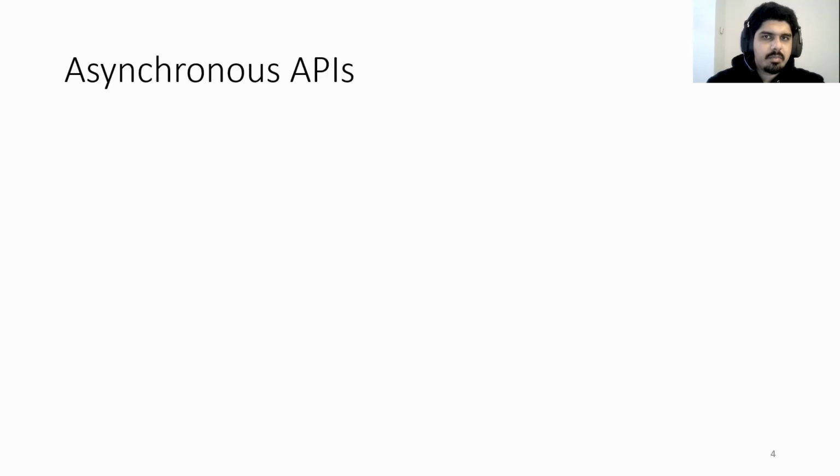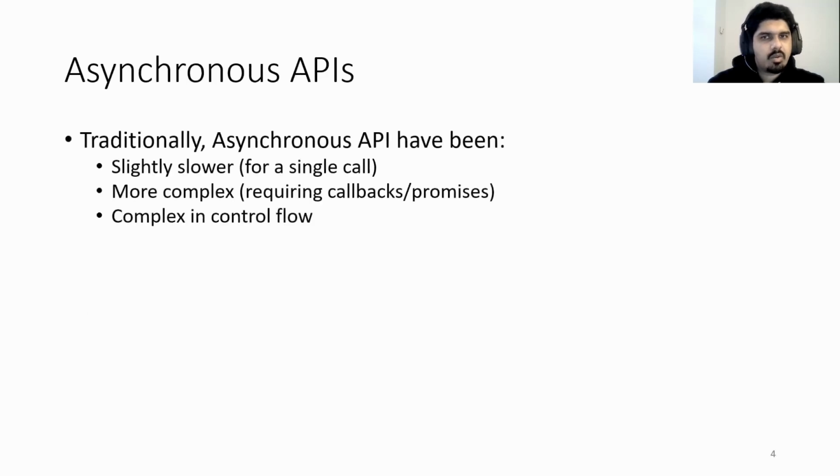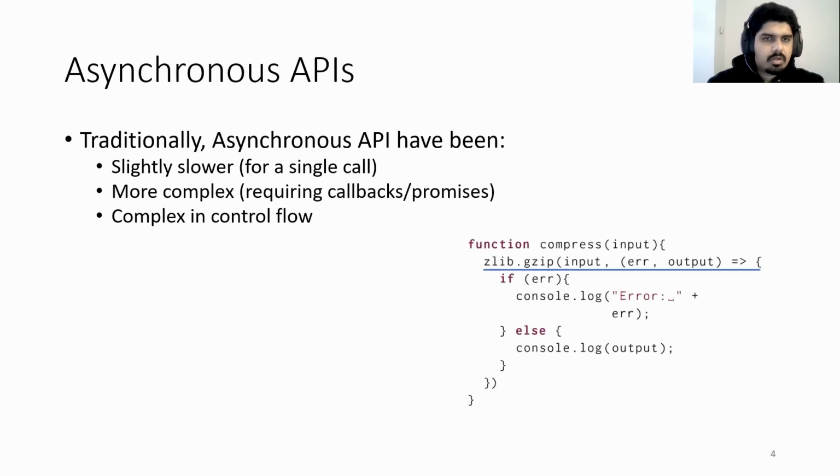Asynchronous APIs, on the other hand, tend to be slightly slower for a single call compared to synchronous APIs. They are much more complex to implement, requiring callbacks or promises to handle the asynchronous behavior. And this also complicates the control flow. So this is an example of the same gzip API, but using its asynchronous version, which takes in a callback.